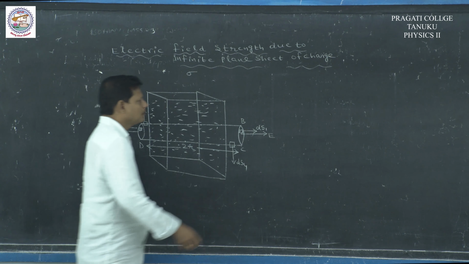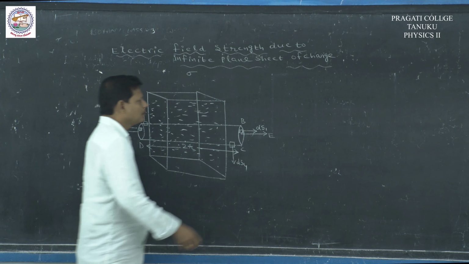We know from Gauss's law, phi equals integral E ds cos theta is equal to q by epsilon naught.